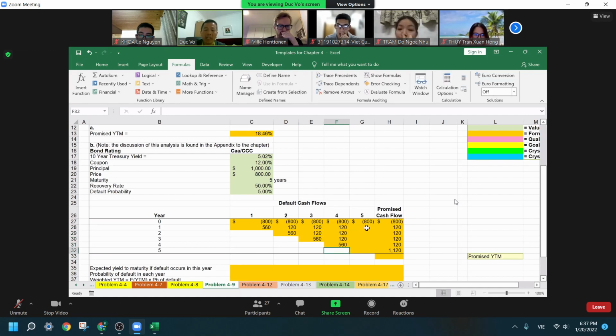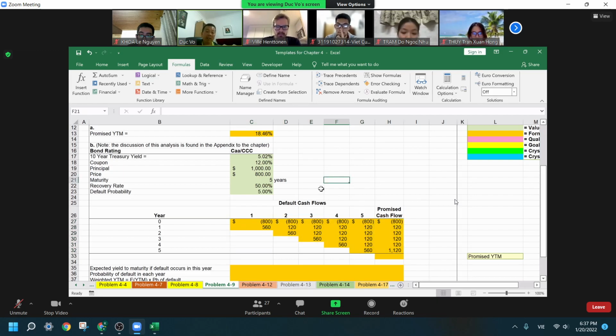If it defaults in year 5, you get 120 in year 1, another 120 in year 2, another 120 in year 3, another 120 in year 4, and then the 560 in year 5. Okay, so this represents the default cash flow.